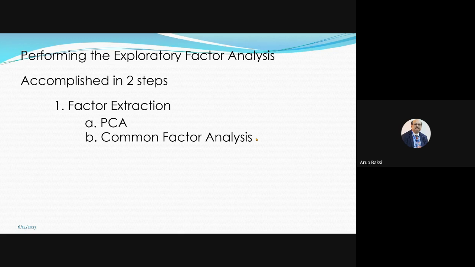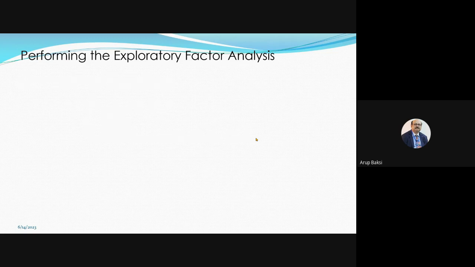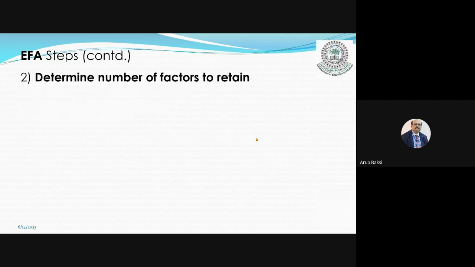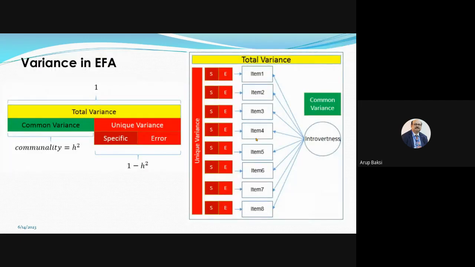But whereas the PCA assumes that the common variance takes up all the total variance, CFA assumes that the total variance can be partitioned into 2. We have already seen this. If we can go back and take a look over here, CFA assumes that the total variance can be partitioned into 2. One is called the common variance and the second one is called the unique variance.